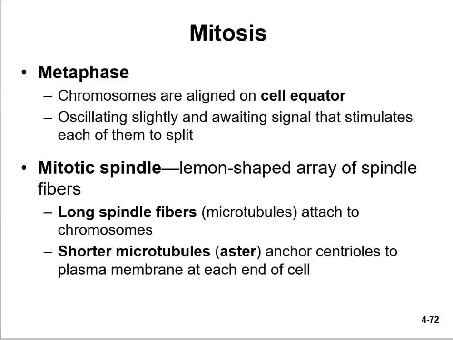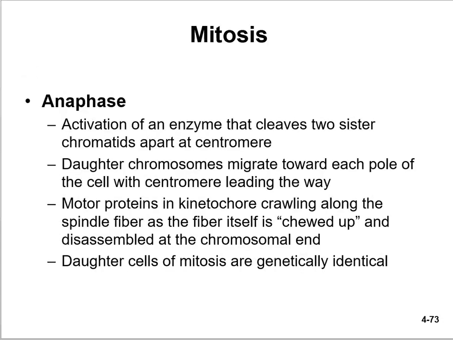The mitotic spindle is a lemon-shaped array of spindle fibers. Kind of looks like a spider web. The long spindle fibers, or microtubules, will attach to the chromosomes, and the shorter microtubules, called the aster, will anchor the centrioles to the plasma membrane at each edge of the cell, or each end of the cell.